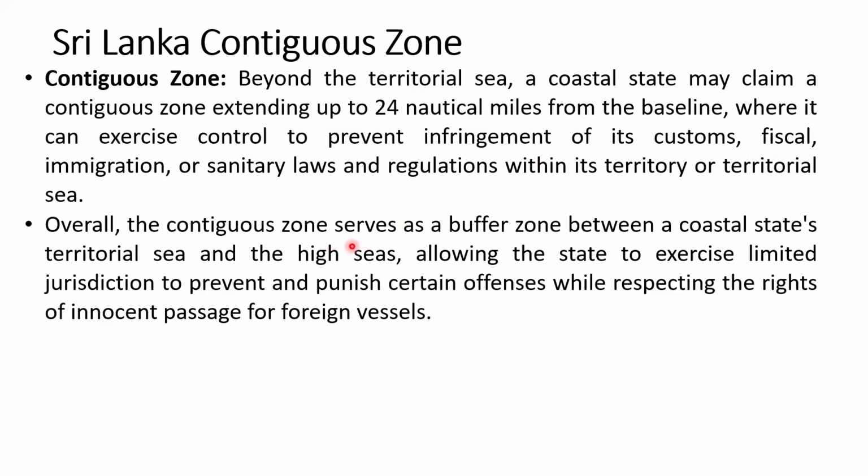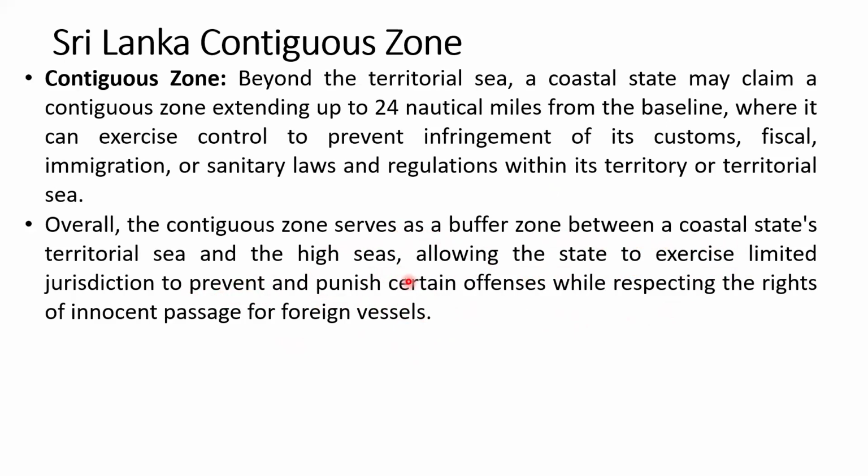Overall, the contiguous zone serves as a buffer zone between the coastal state's territorial sea and the high seas, allowing the state to exercise limited jurisdiction to prevent and punish certain offences while respecting the rights of innocent passage for foreign vessels.